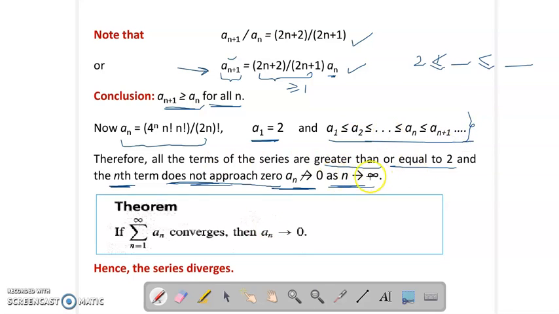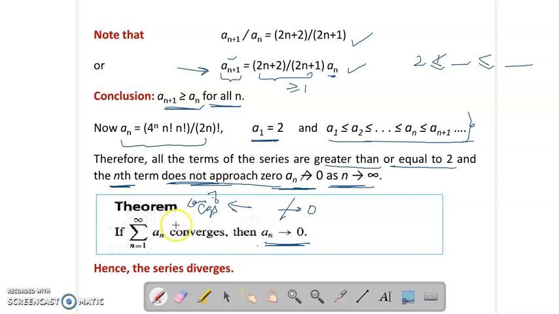Now after this, what can we conclude? You remember this theorem which says that if the summation, n going from 1 to infinity, of a(n) converges, then the nth term will tend to 0, right? And what will be the negation of this? If the nth term of the series does not tend to 0, then the series cannot converge.